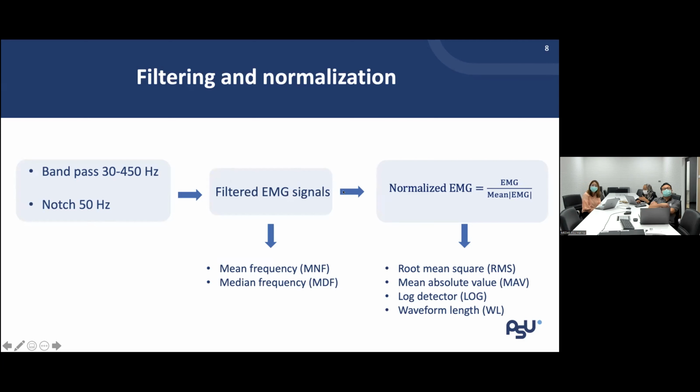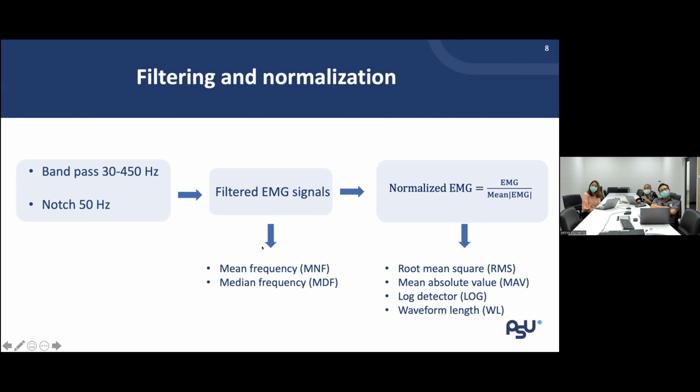After that, I extract features, which are time domain and frequency domain. For the time domain, I normalize the data before extracting features, but for the frequency domain I use the filtered EMG.